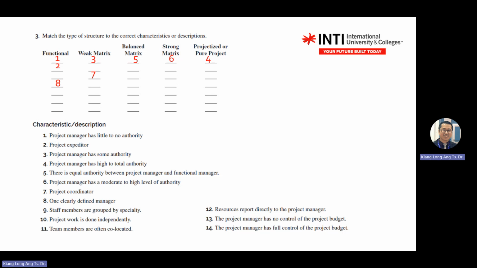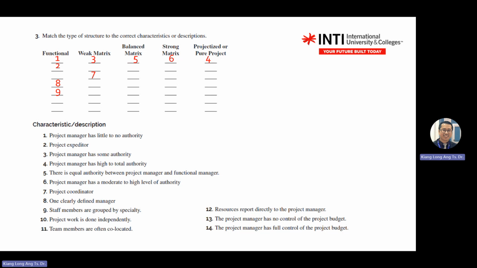Means finance manager, R&D manager, and so on. It's a very specific expert department. Staff members are grouped by specialty. Functional, right? These are the characteristics of functional and non-functional.